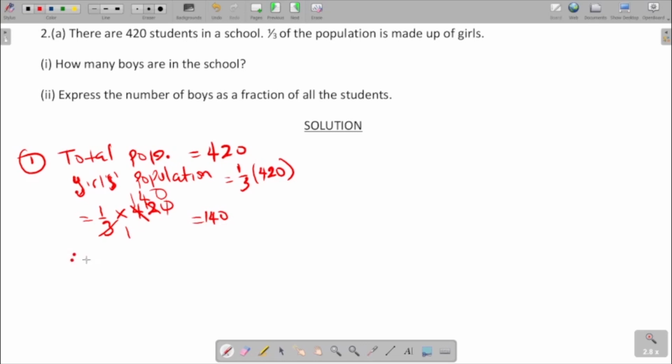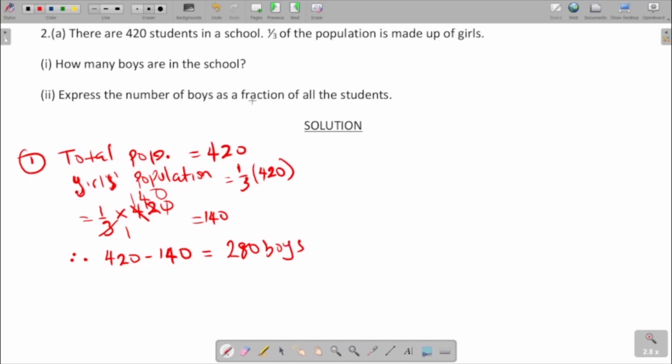Therefore, the boys' population will be 420 minus 140. That will give us 280 boys. So that's one method to solve it.